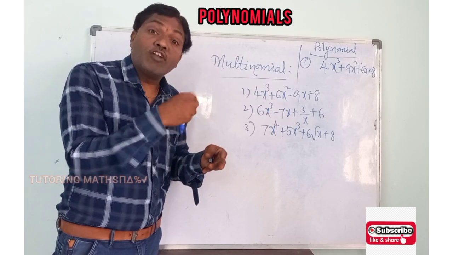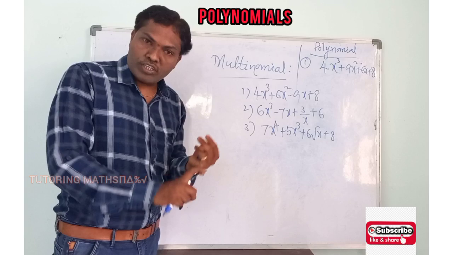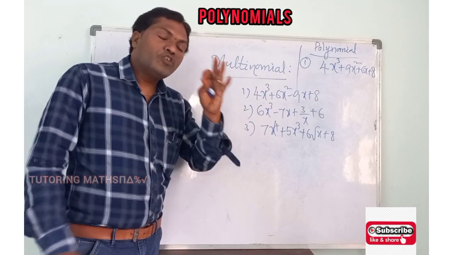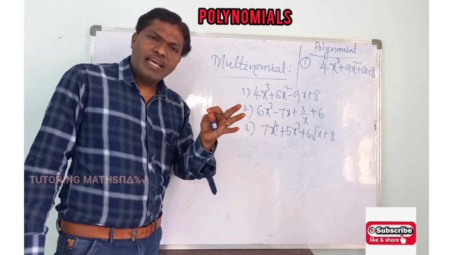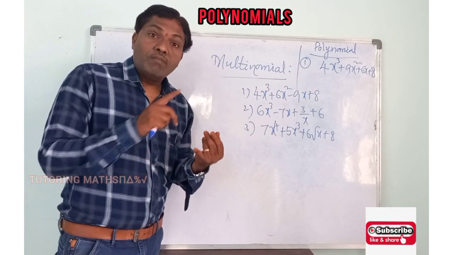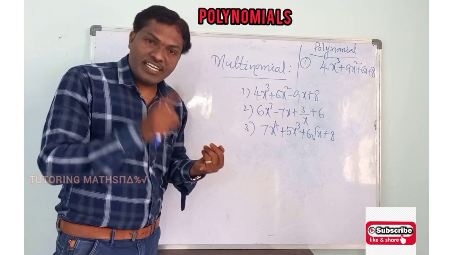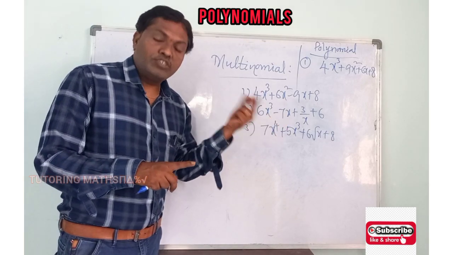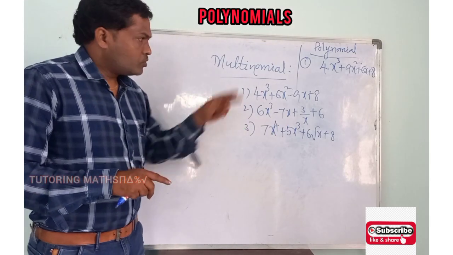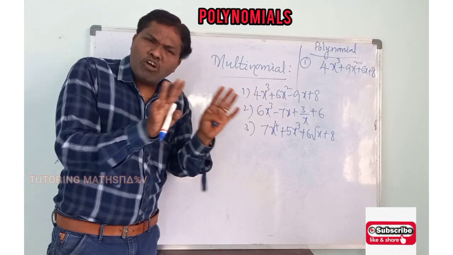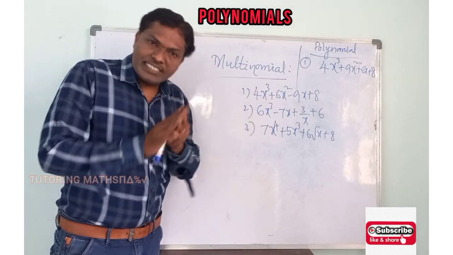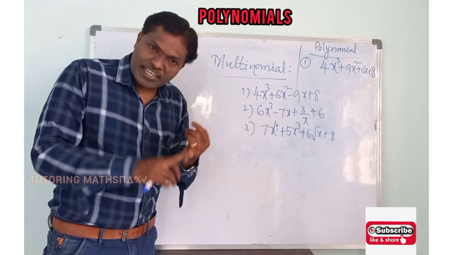It should be non-negative, means positive or 0. It should be an integer, but no negative integer. It should be a whole number. So the exponent never be in minus or in fractional form.